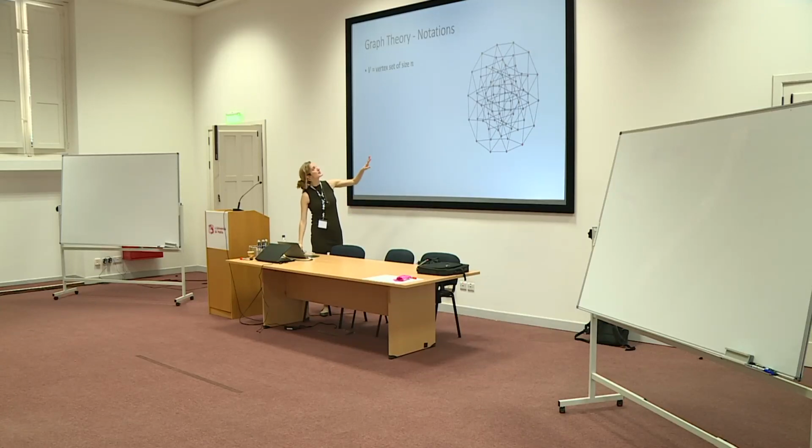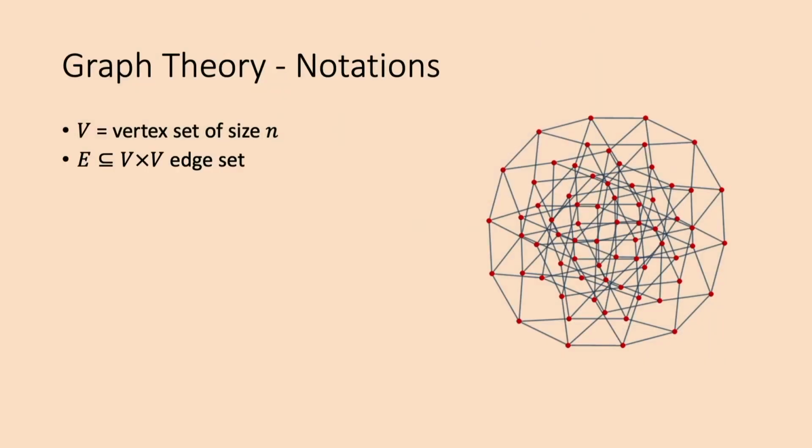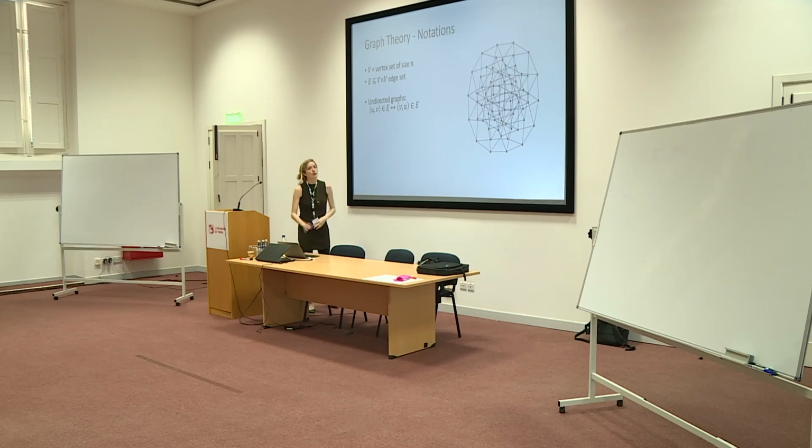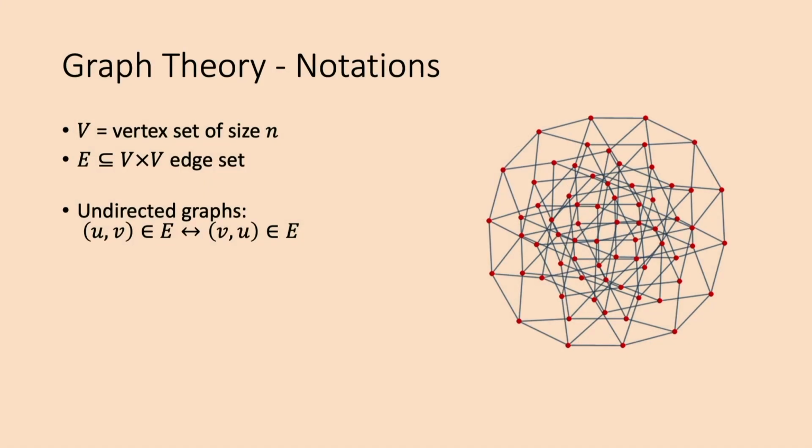So you have some vertex set V. I'll mostly use the notation that there are n vertices. And E is going to be an edge set. So for example here, if this is vertex u and this is vertex v, there's potentially an edge between them. I'm only going to be talking about undirected graphs, so (u, v) versus (v, u), I'm going to use those interchangeably.